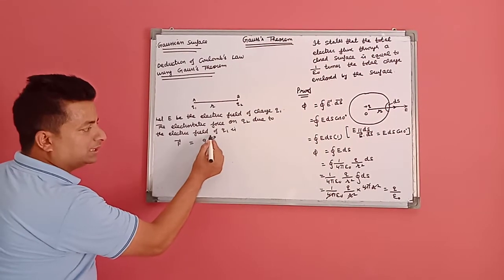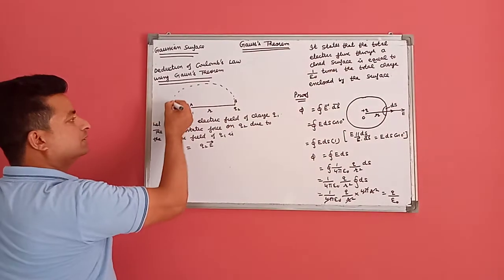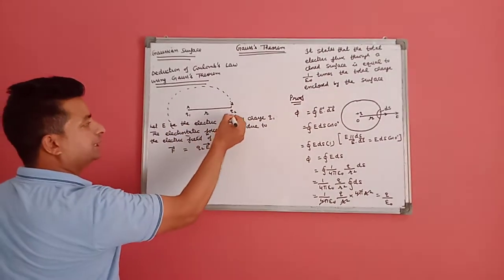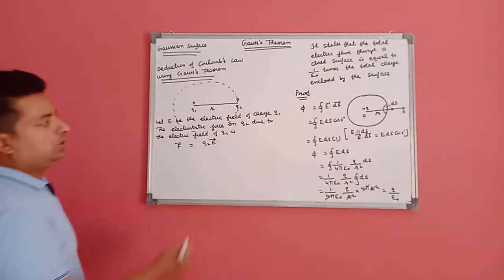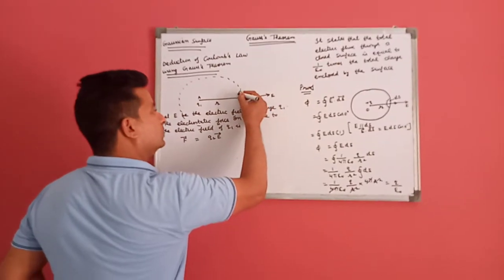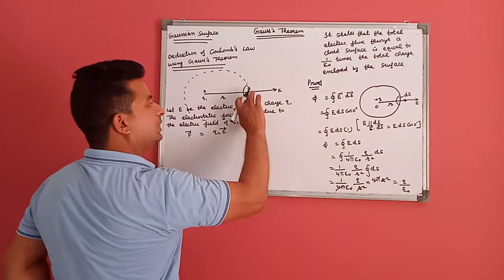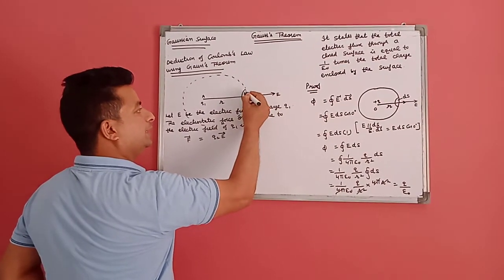To find this electric field, draw a Gaussian surface of spherical shape of radius r. This is the Gaussian surface of radius r. This is electric field. Let us consider a small elementary portion of area ds.